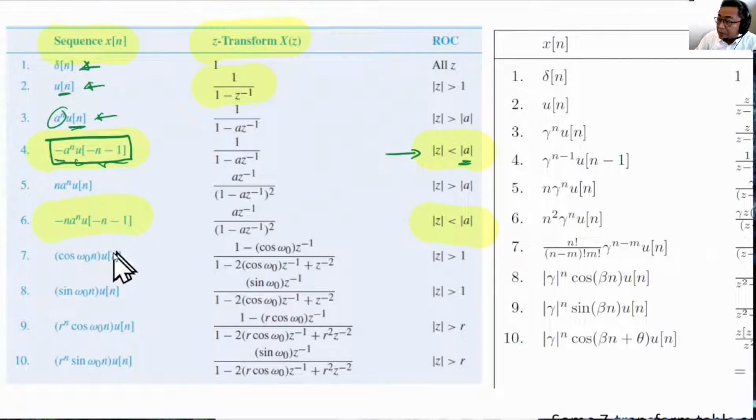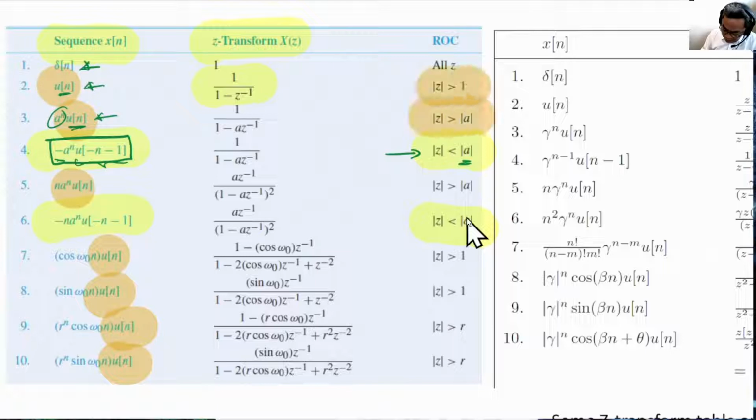Correspondingly, their region of convergence will be less than the pole location nearest to the origin. While for the causal signal, let's use another color, the convergence is all greater than some value.